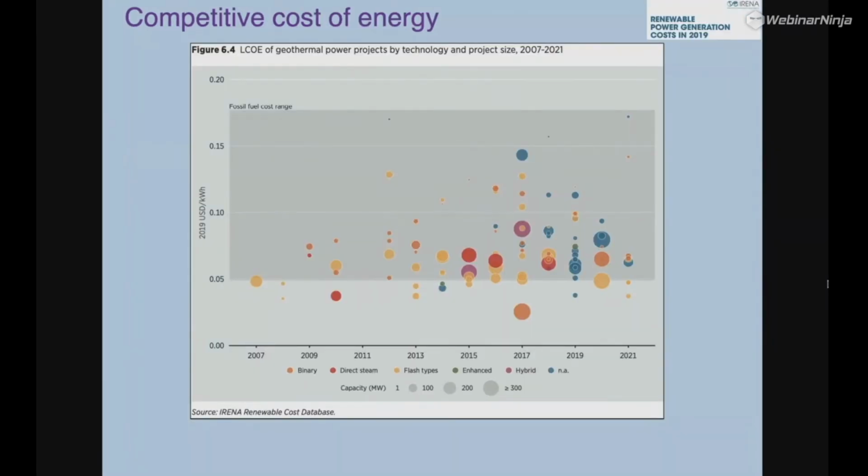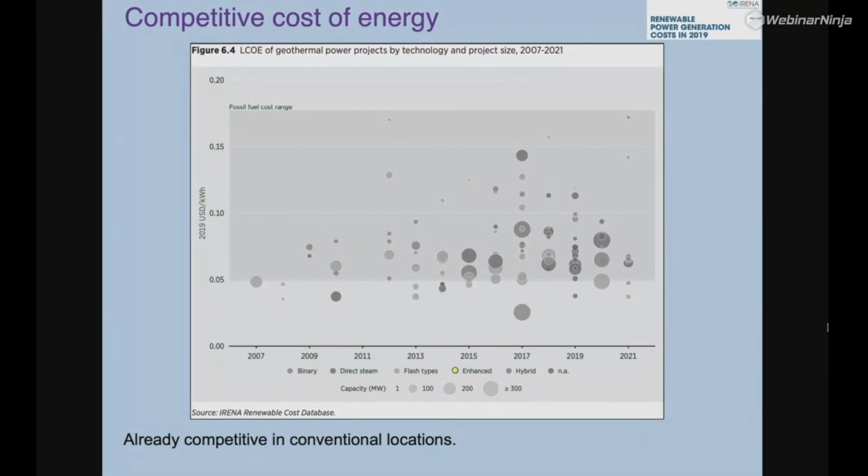So this is a graph from IRENA, and we're looking at how competitive geothermal energy is. It's a bit of an overwhelming graph, but basically this gray patch is the fossil fuel cost range. On the y-axis, we have the levelized cost of energy, and all these dots are different geothermal power plants, basically showing that conventional geothermal is already competitive.